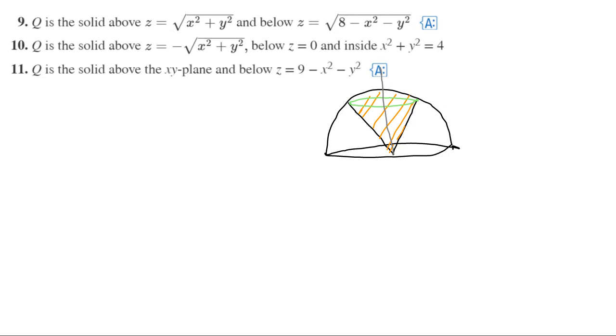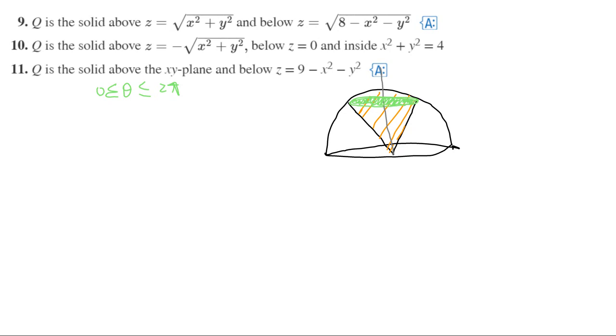First, what is theta? As you see, we have a full rotation. So theta is between 0 and 2 pi. Now, what about rho?